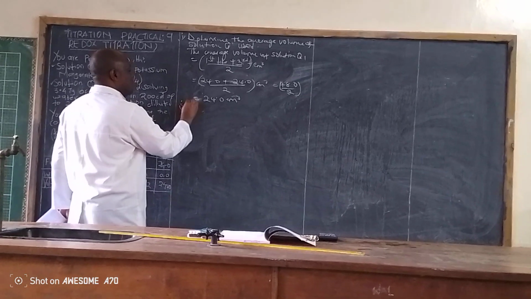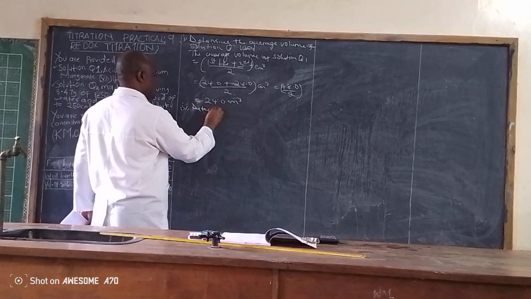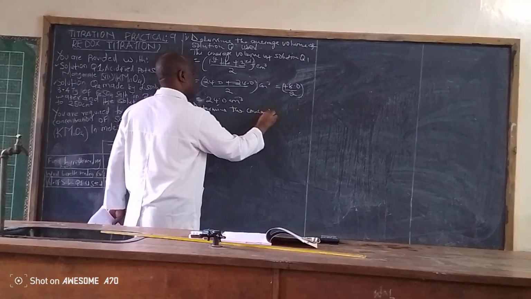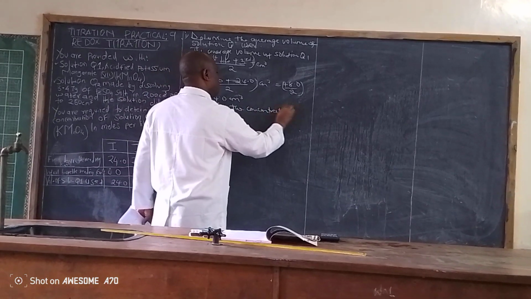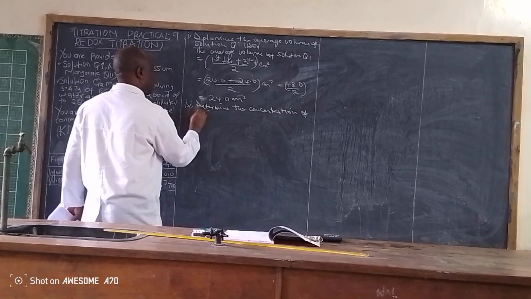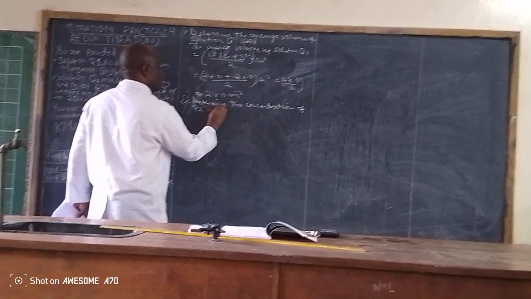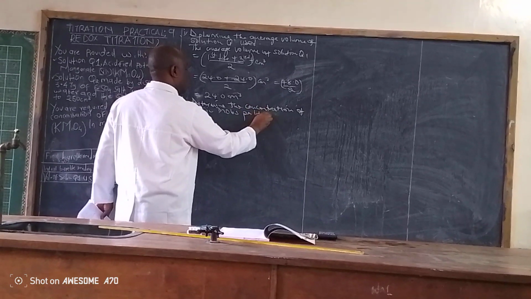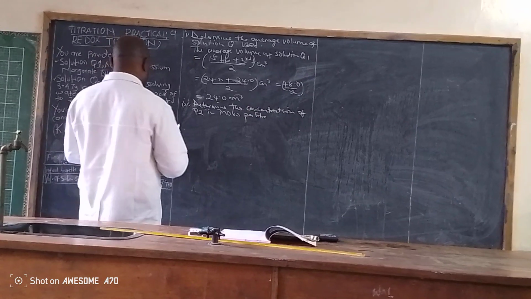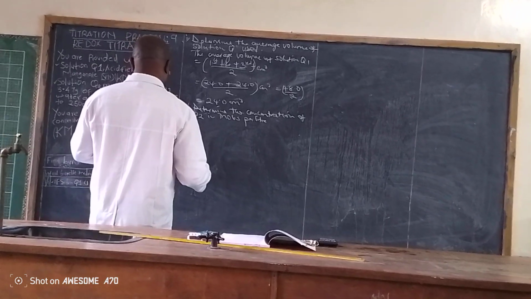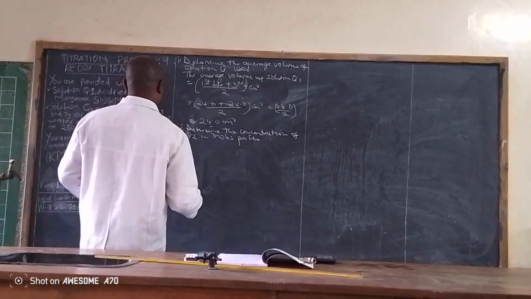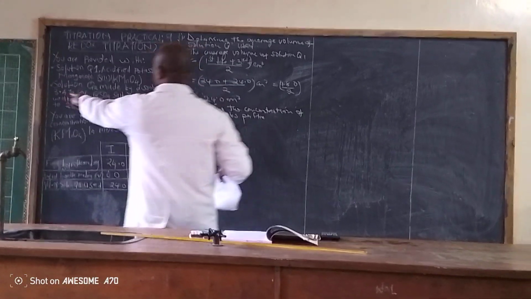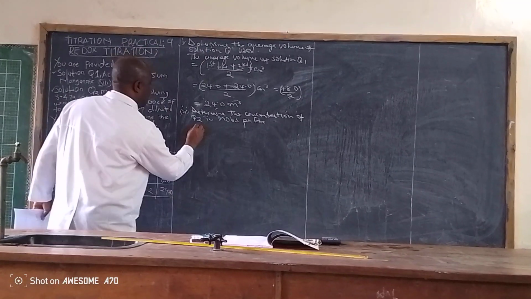We were told to determine the concentration of Q2 in moles per liter. So in this case, we need to ask ourselves about the 3.7 grams.